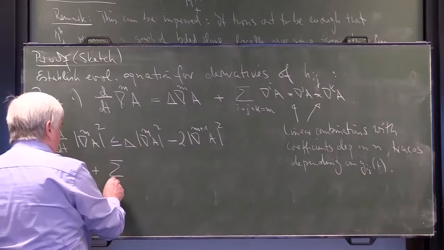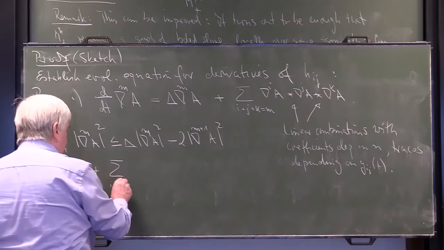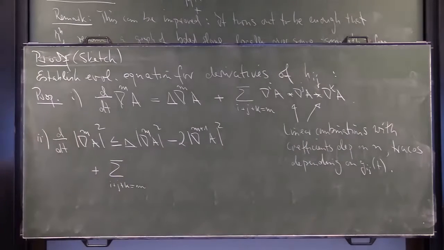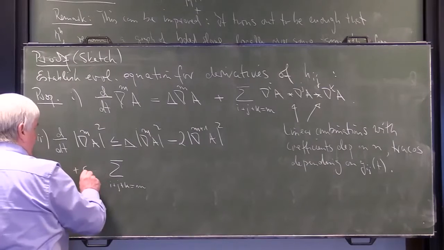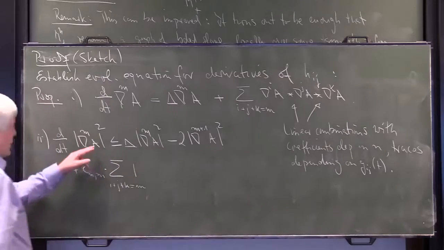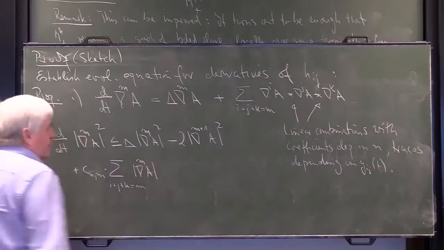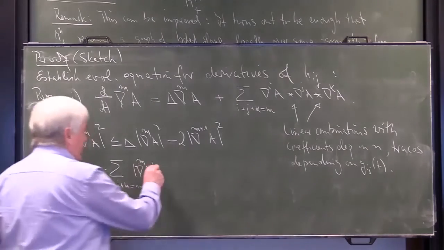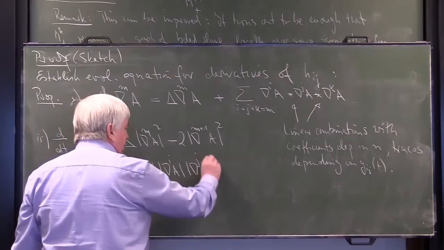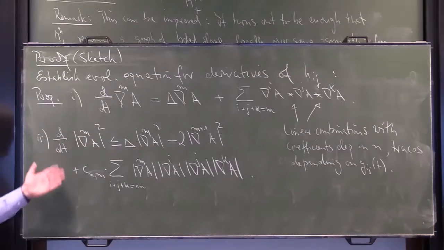So we get i plus j plus k equals m, and then here there is a constant depending on n and m times, and here, because we have a square, we always get one factor, which is the derivative of order m, and then we get other factors coming from the i-th derivative, the j-th derivative, and the k-th derivative. Okay? So we have this kind of estimate.